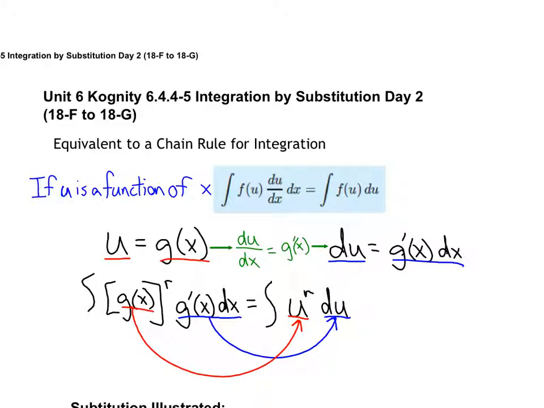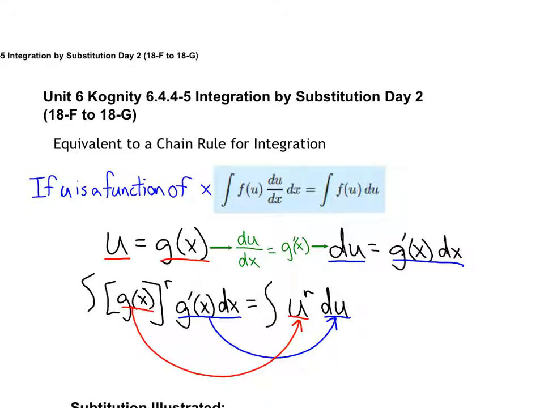Now, you'll notice what I have here is I'm saying that u is a function of x. So this is a composite function, f of u. Okay? F of u, we have this inner function inside the function.